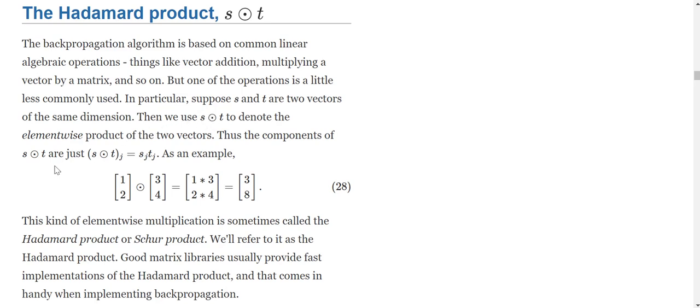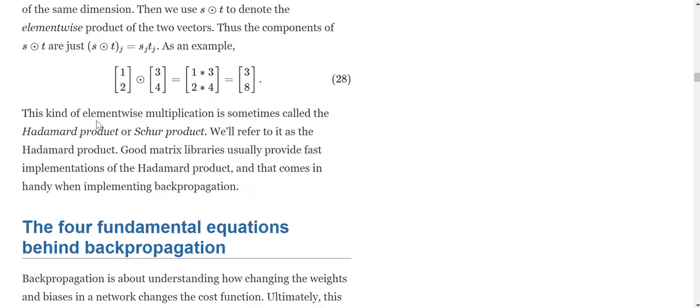Thus, the components of s element-wise product t are just taking the individual components and multiplying them up. As an example, if you have this, then you take 1 and 3, multiply them, 2 and 4, multiply them, and get this. This kind of element-wise multiplication is sometimes called a Hadamard product or Schur product. We'll refer to it as a Hadamard product.